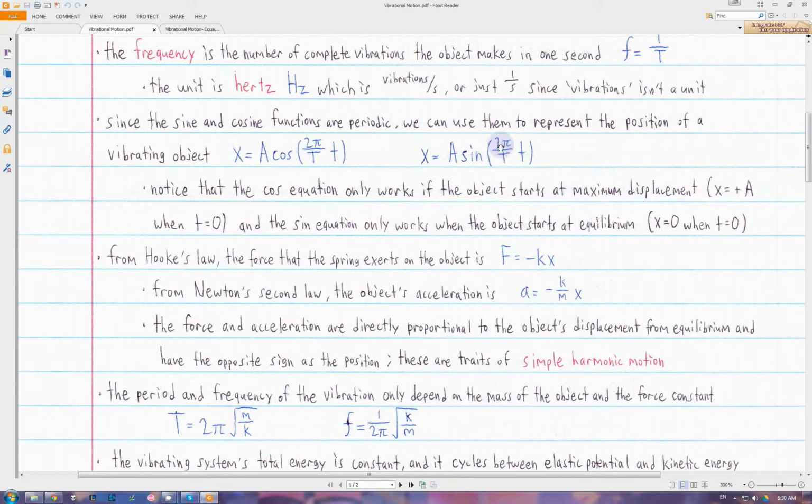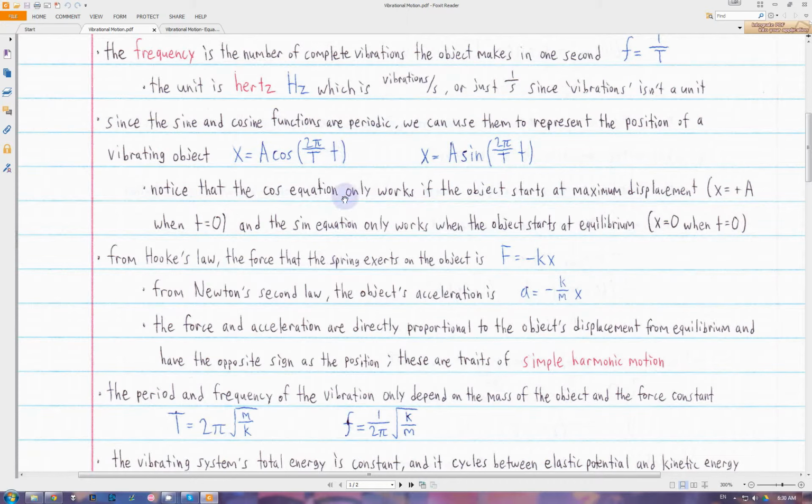So for the displacement of the object, remember we had these two equations, the cosine version and the sine version, depending on where the object started at time equals 0. And so we can rewrite these equations as well using the omega, the angular frequency.